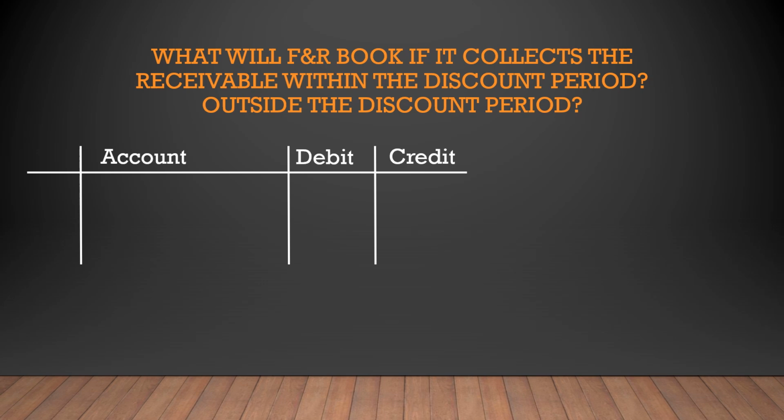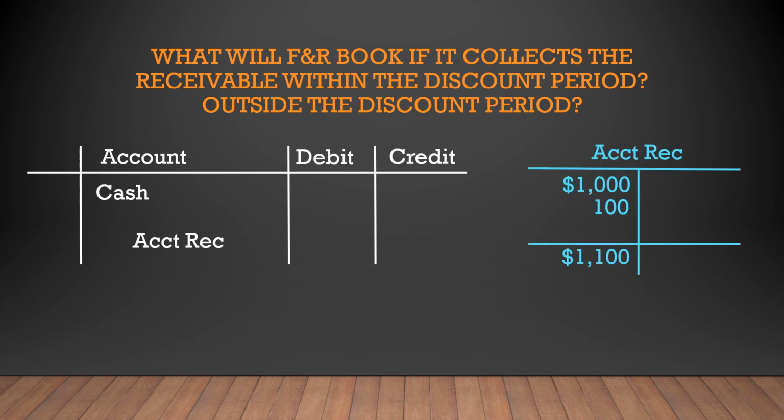Let's consider the receipt of the cash payment both before and after the discount expires. If the customer pays within the discount period, we'll credit AR off the books and debit cash for what we receive as usual. Our total debit balance in AR for the sale and shipping owed is $1,100. So that's our credit to take AR off the books.